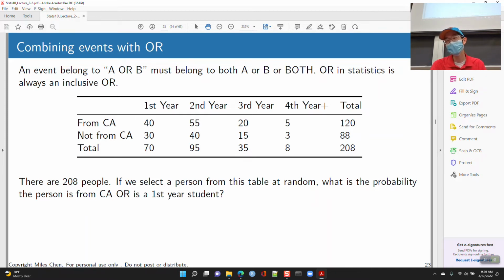In English and a lot of language, the word or is ambiguous. Is it an inclusive or? Is it an exclusive or? The same set of words can be answered in different ways, right?